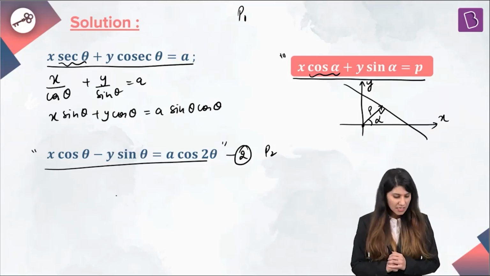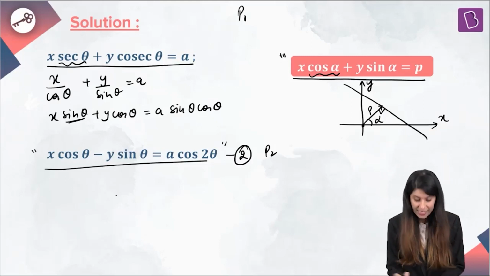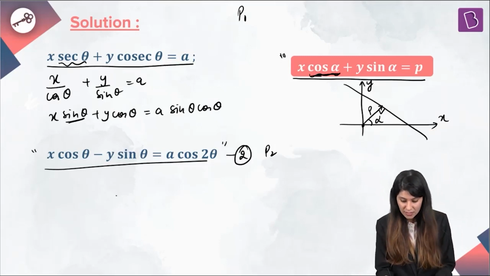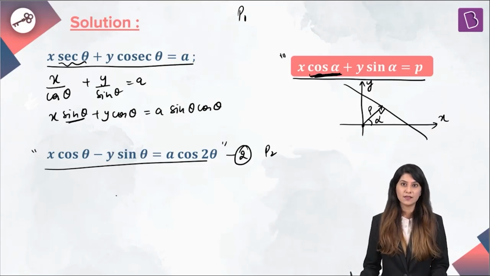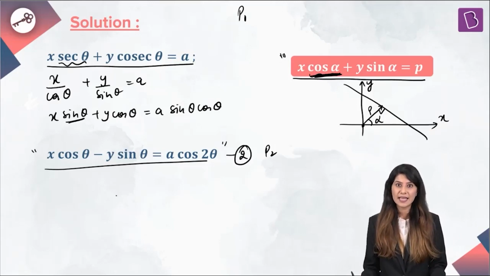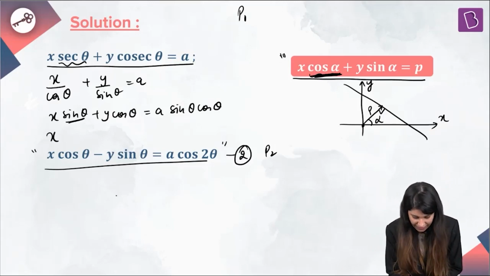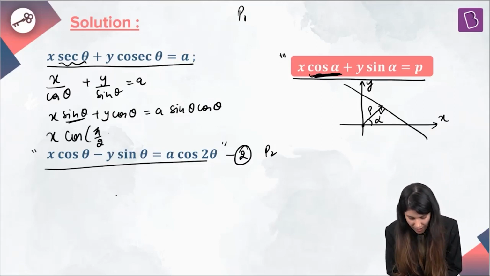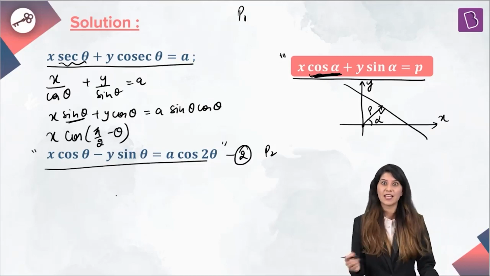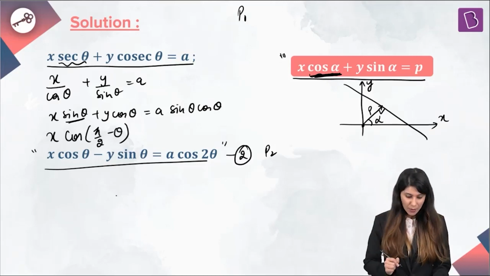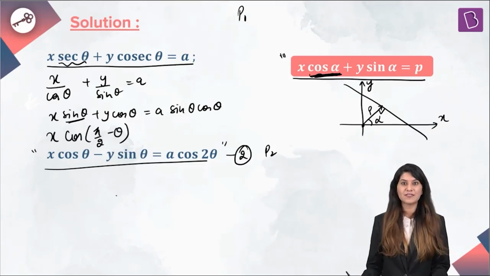Cool. But wait, x has sine theta, but I want cos in multiplication with x, isn't it? So what I'm going to do over here is write x cos of 90 minus theta in place of x sine theta. Yes, now we have cos in place of sine.